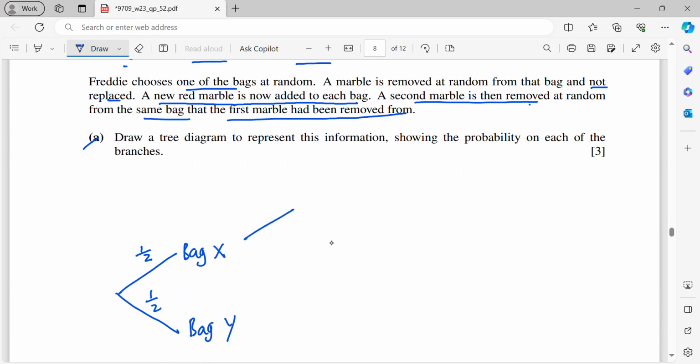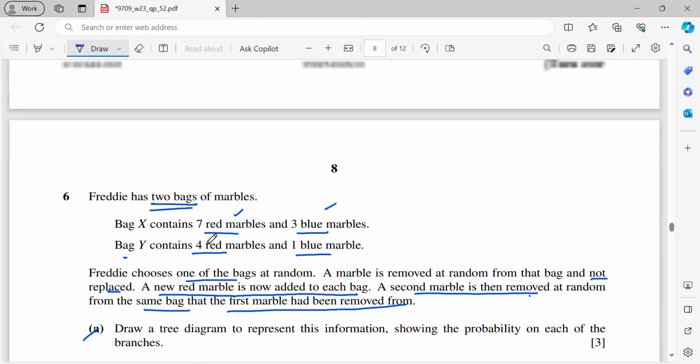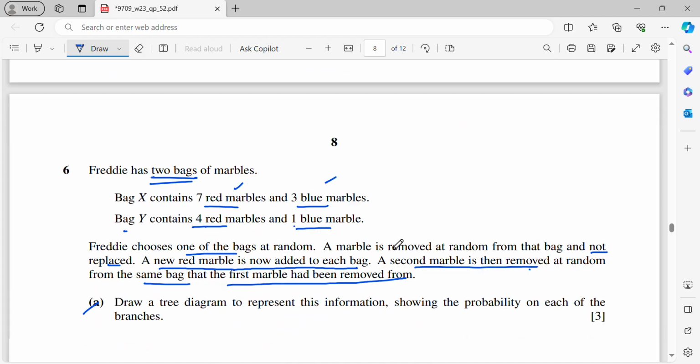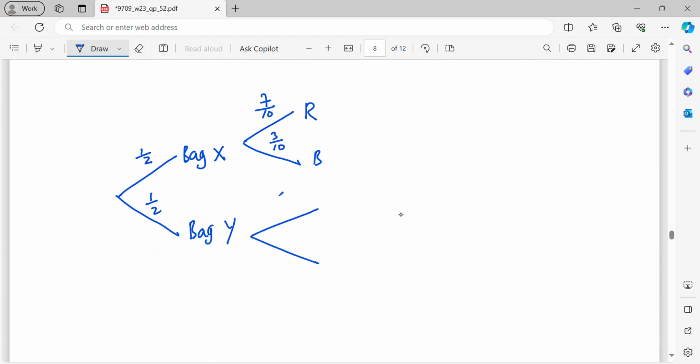So red marbles, blue marbles. So 7 out of 10, 3 out of 10. Okay, for the bag Y, we have 4 red, 1 blue. So 4 red, 1 blue, total is 5, so over 5.